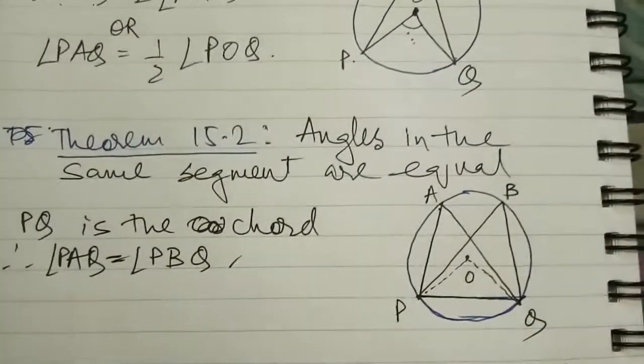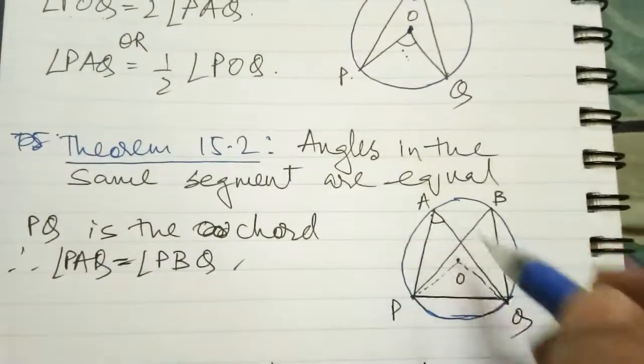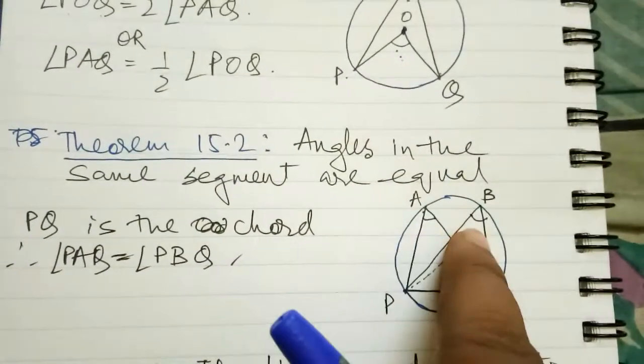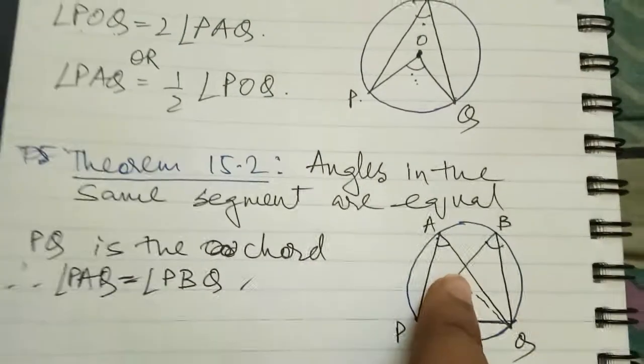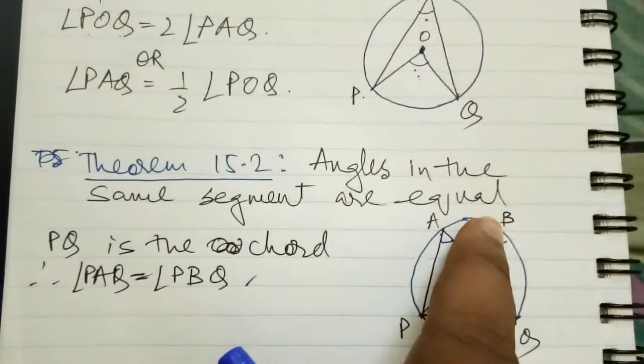Then from here, we can say that angle PAQ and angle PBQ will be equal. If this is 30, this will also be 30. If this is 60, this will be 60, when they are in the same segment. I have written angles in the same segment are equal.